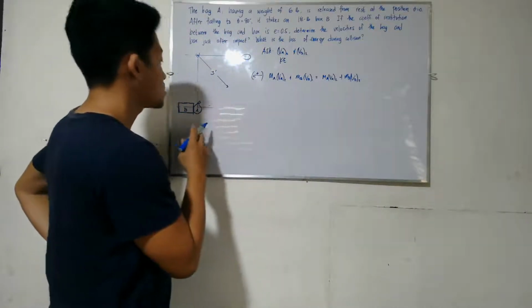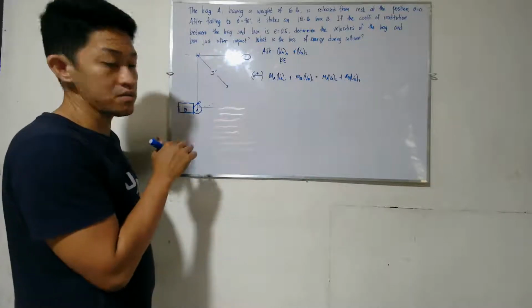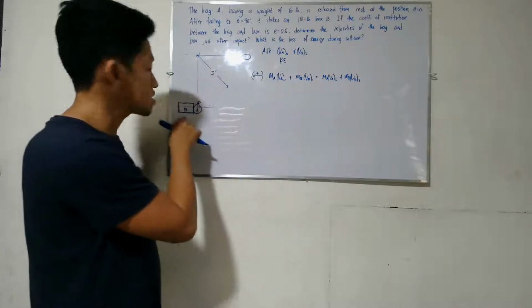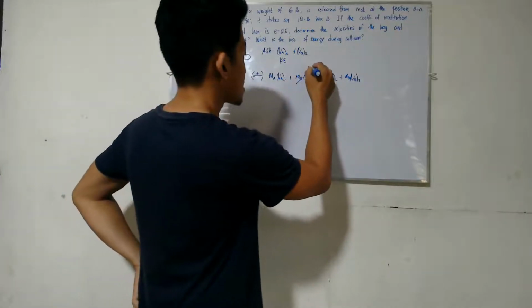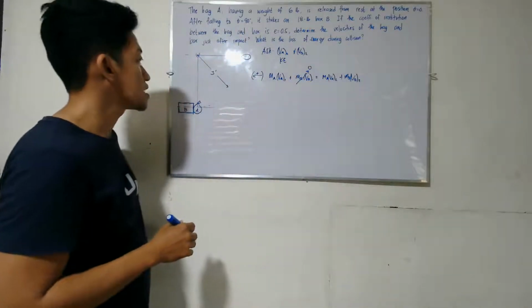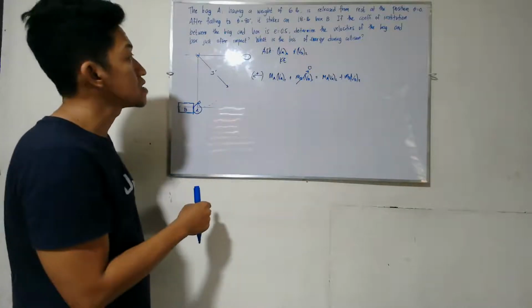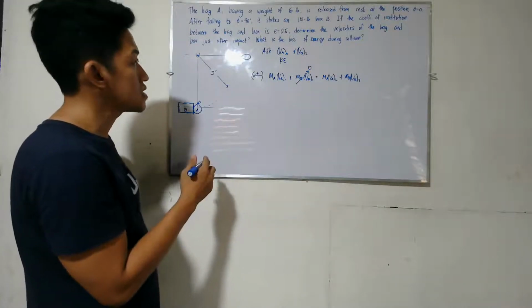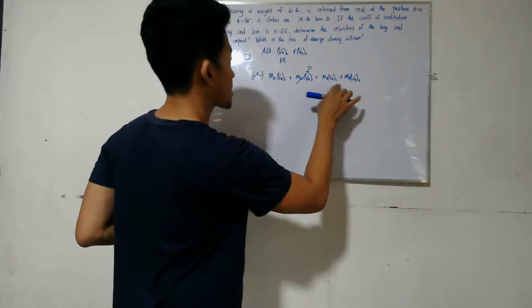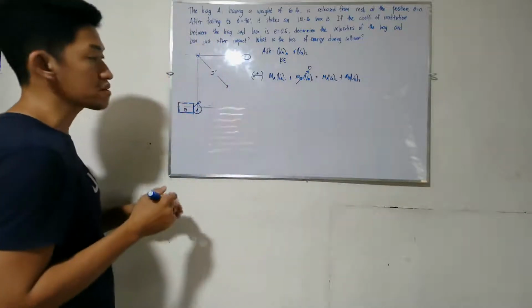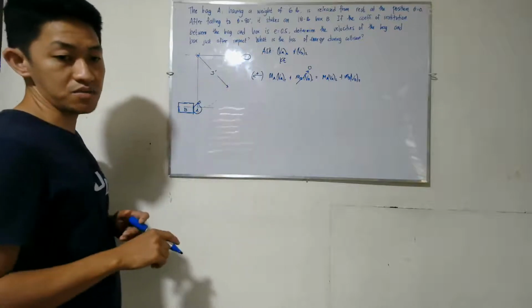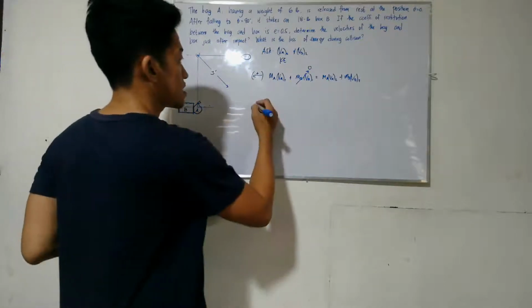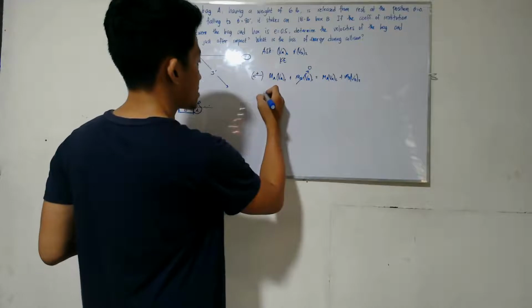Okay, so for velocity V1, since it is at rest, therefore it is 0. And then velocity A1, which was shown earlier, you get by applying conservation of energy.